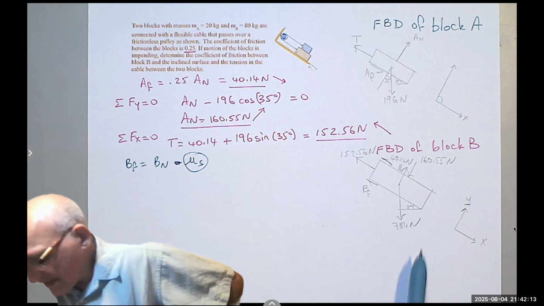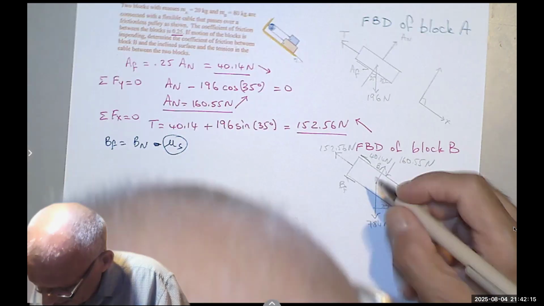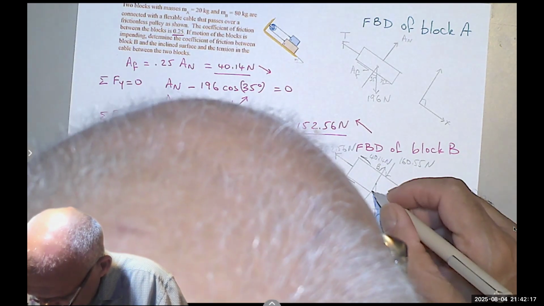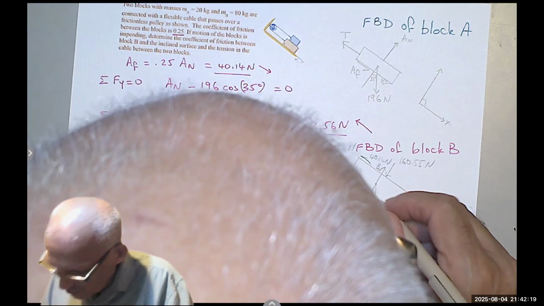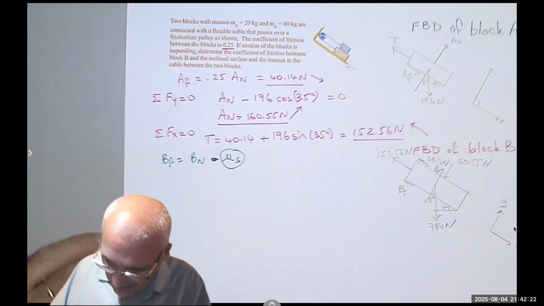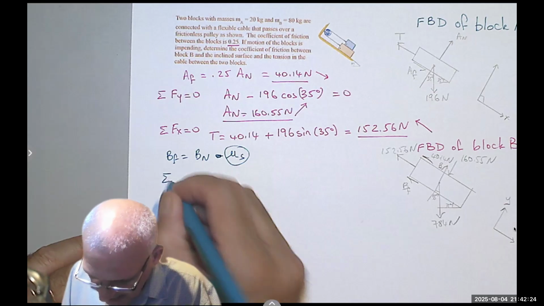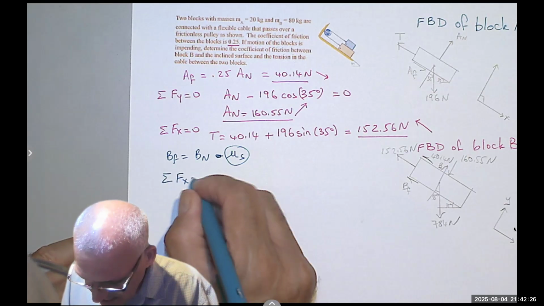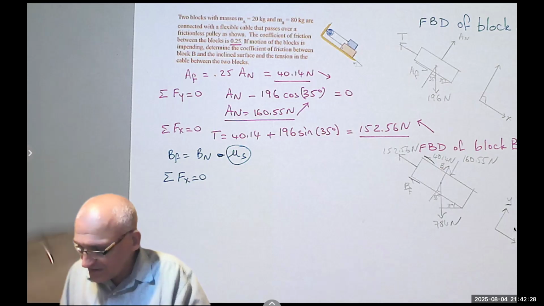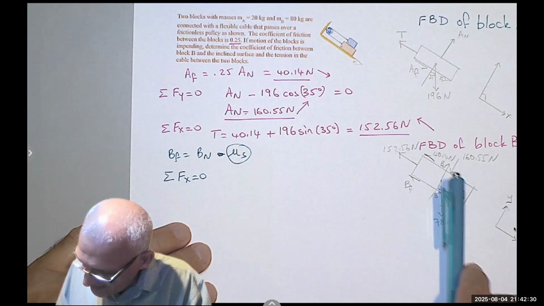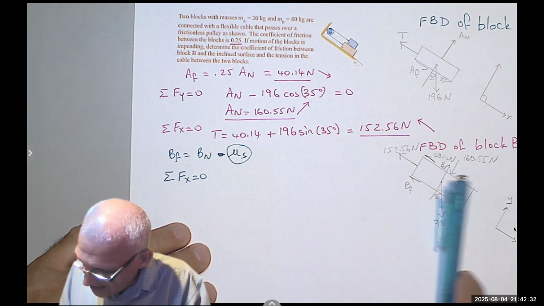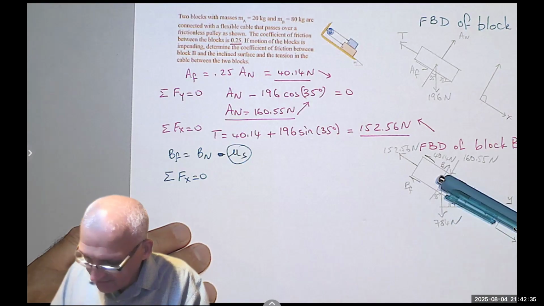We can find those easily from the summation of the forces in the x and the y. This angle is 35 degrees, just to be complete. So now I don't have to care which equation I start with. If I start with the summation of the forces in the x, I have 784 sine 35 is positive.